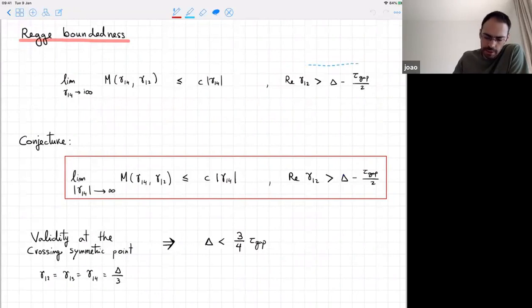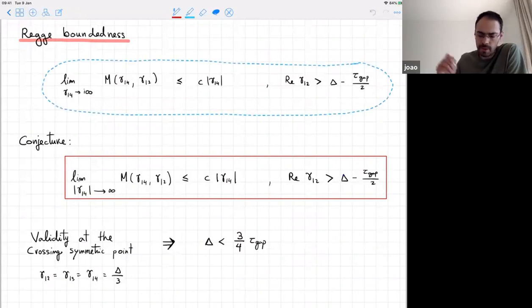You get an equation like that: the Mellin amplitude cannot grow faster than linearly. You have to fix gamma 1, 2 in some domain so that you are after the poles, and then you go along the imaginary direction in gamma 1, 4, and it will not grow faster than that. If it grows faster, it would violate the Regge bound in position space once you transform back.